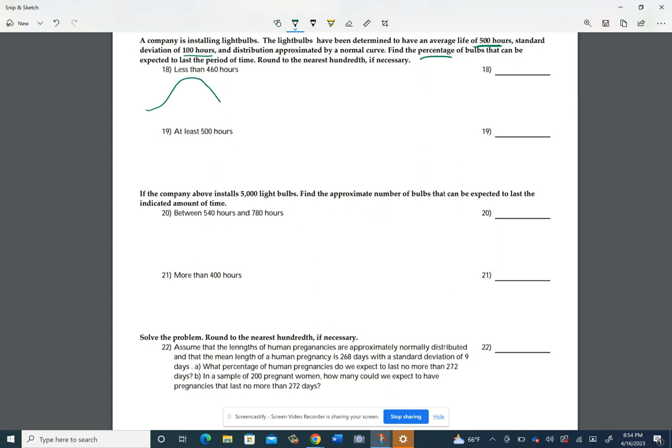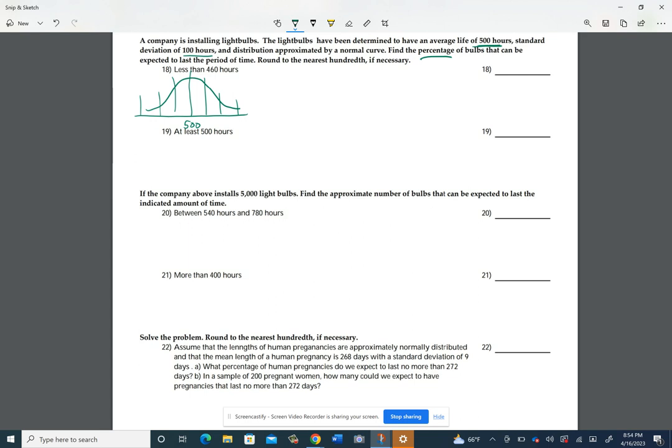So I'm told that the length of life is approximately normal. So I can draw my normal curve. Here would be the mean, and then here's 1, 2, 3 above, 1, 2, 3 below. All right, 500 would be right there in the middle, okay? And 460 is then below the mean, isn't it?